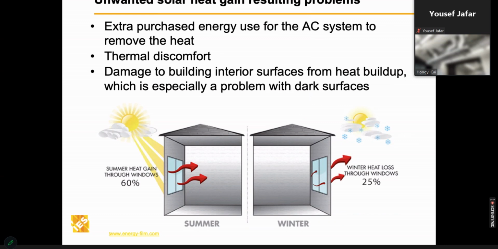Fortunately, since the sun is high, we can easily block it off, right? Except for the early morning and late afternoon, because then, if you want to design a shade to cover the sunlight, you have to have a huge shade to do that.